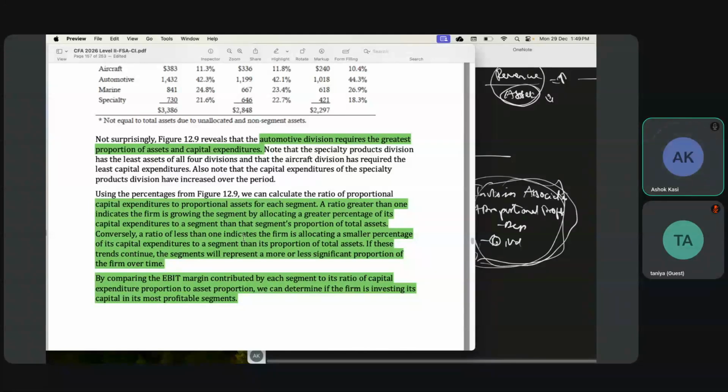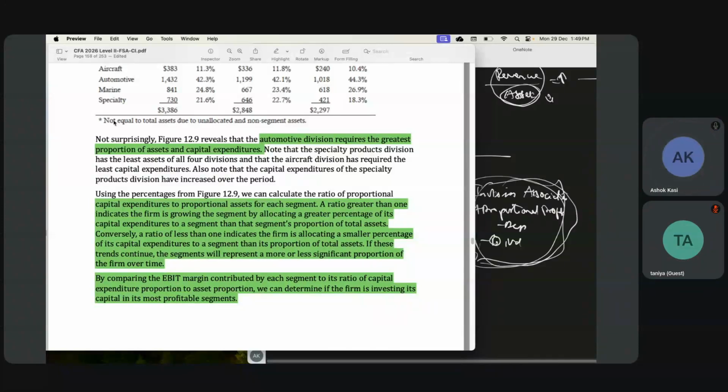Conversely, a ratio of less than 1 indicates the firm is allocating a smaller percentage of its capital expenditure to a segment than its proportion of total assets. If these trends continue, the segment will represent a more or less significant proportion of the firm over time. Okay.